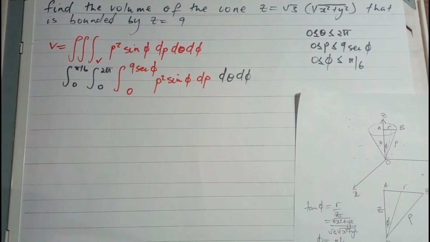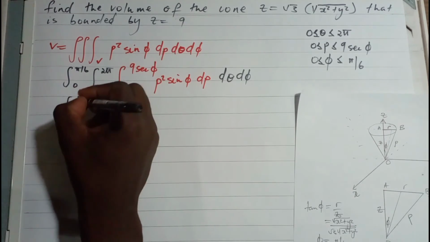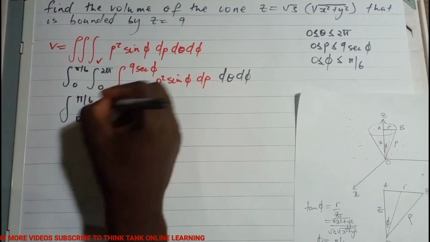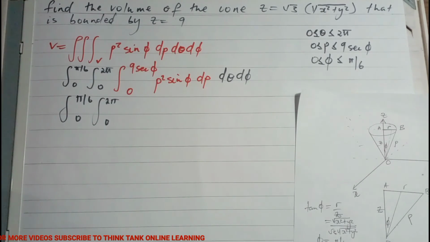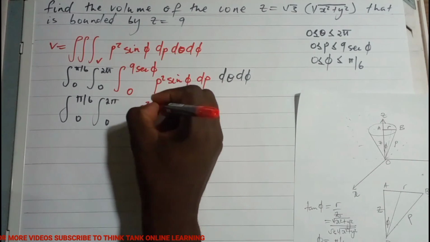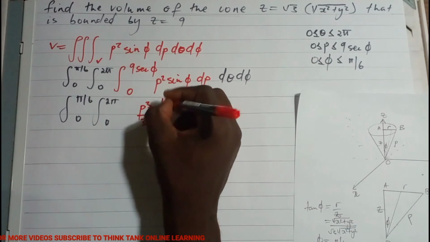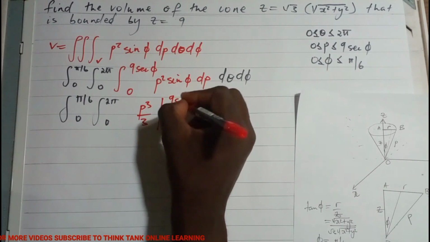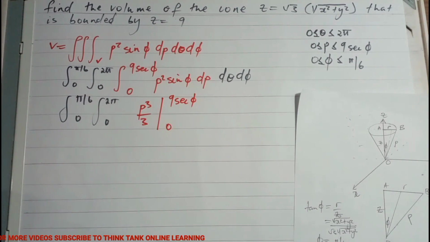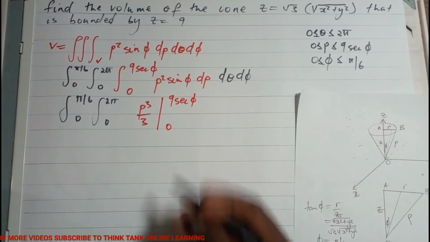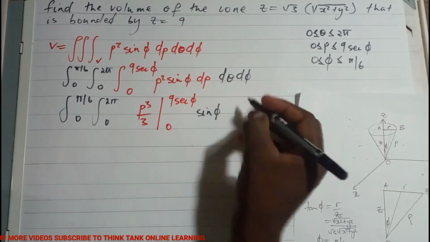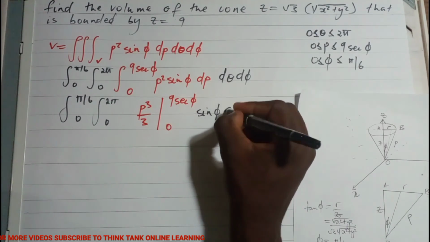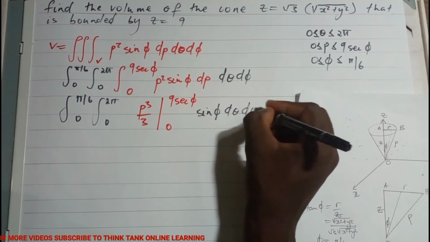So now I'm integrating with respect to rho. I'm just going to add the power. So here I got the integral from 0 to pi upon 6, 0 to 2 pi, of rho to the power 3 over 3, with limits 0 to 9 secant phi, and this has sine phi. We've eliminated the rho, so this is d theta d phi.